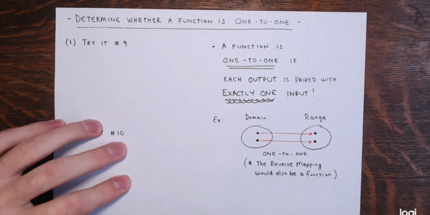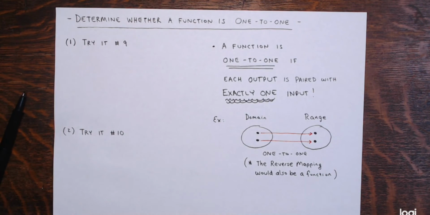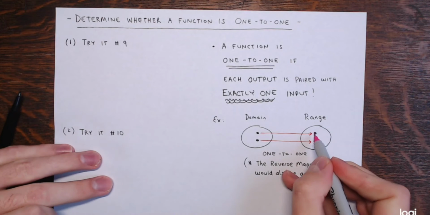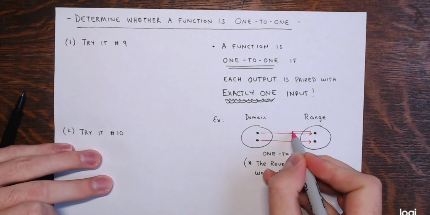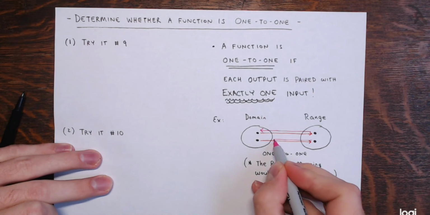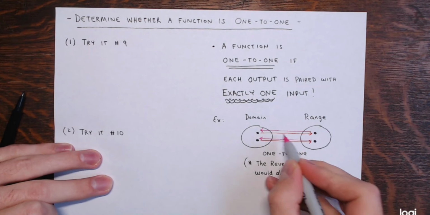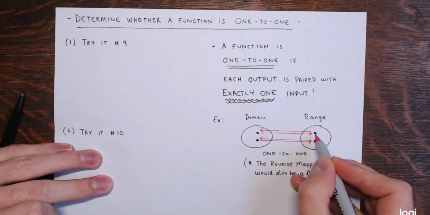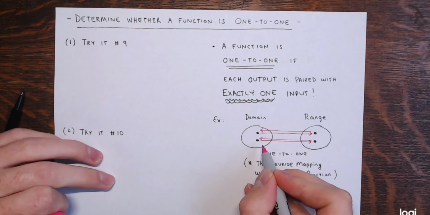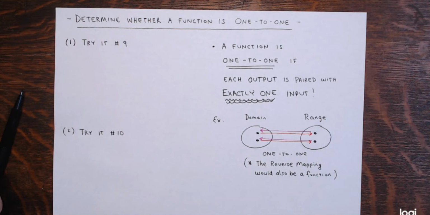If I were to reverse these arrows, take this and go this way and this and go this way, it would still be a function. These range elements correspond to exactly one domain element, and it's still a function.